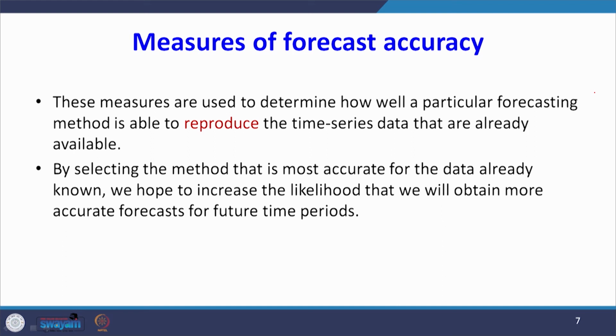These measures are used to determine how well a particular forecasting method is able to reproduce the time series data that are already available. By selecting the method that is most accurate for the data already known, we hope to increase the likelihood that we will obtain more accurate forecasts for future time periods.